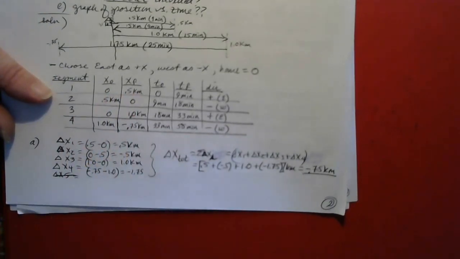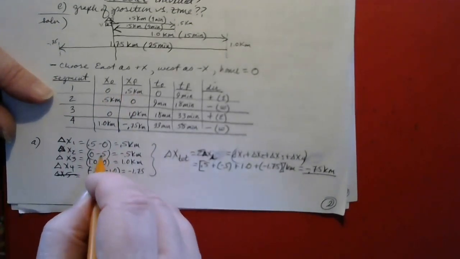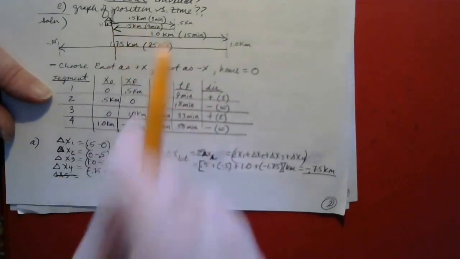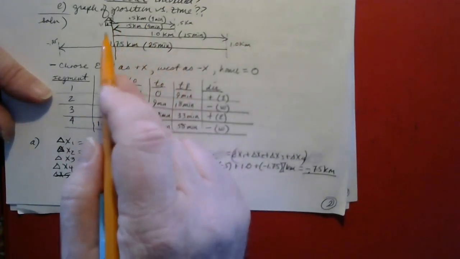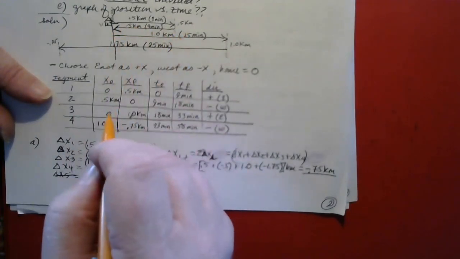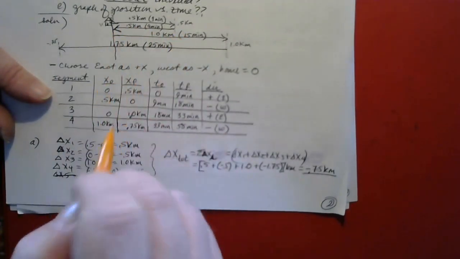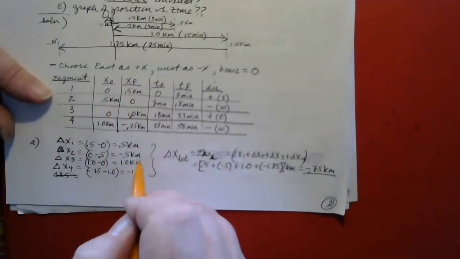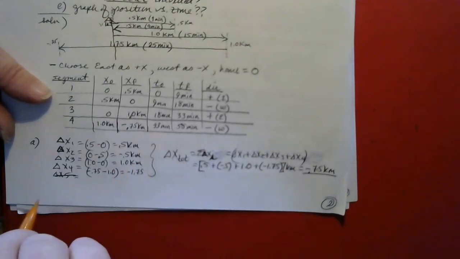The displacement for the second leg is 0 minus 0.5, because remember, she ended up at 0, so that's the final position. She started at 0.5, and it's final minus initial. So it's 0 minus 0.5, which is negative 0.5 kilometers displacement.